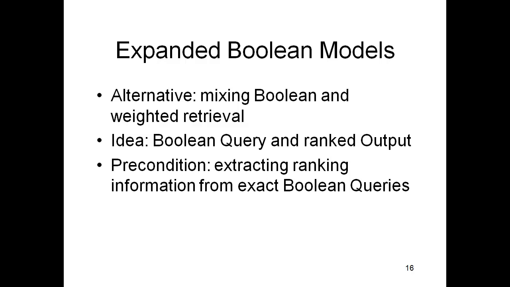So the idea of extended Boolean models is Boolean query and ranked output, bringing together the advantages: the exactness of Boolean models, and ranked output, which is of course much more user-friendly and very much preferred by users.